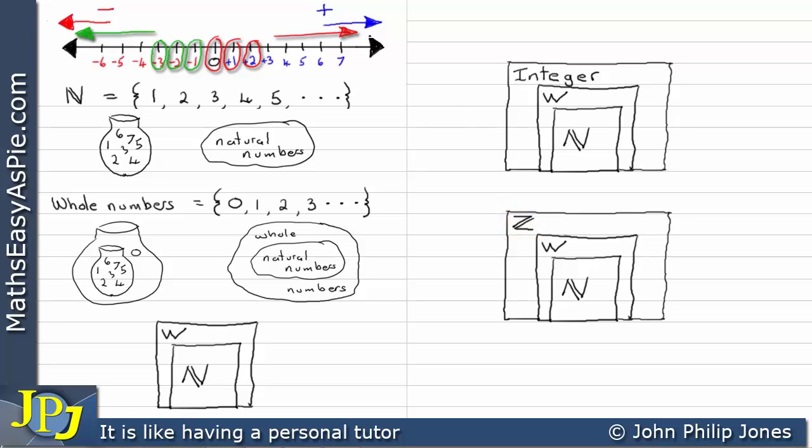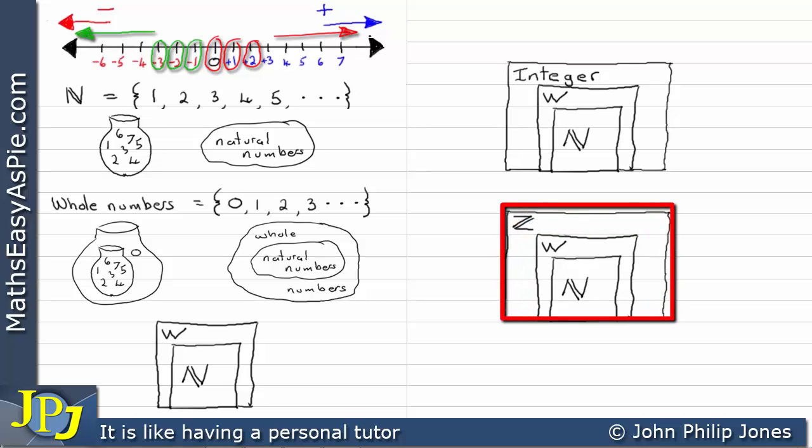Now here's a question for you. What set does the number 1 belong to? Well, let's have a look. We can see it in the natural number set, we can see it in the whole number set, and when we marked off the number line, we saw that it belonged to the integer set. Now that seems reasonable, because if it belongs to this natural number set, it obviously belongs to the whole number set, because the whole number set contains the natural number set.